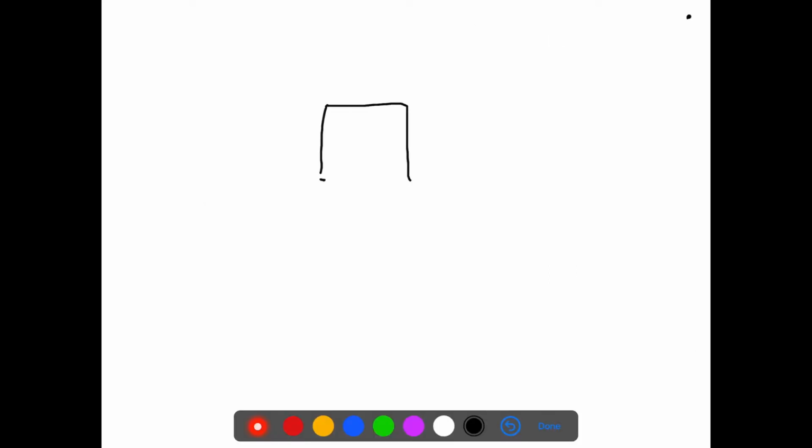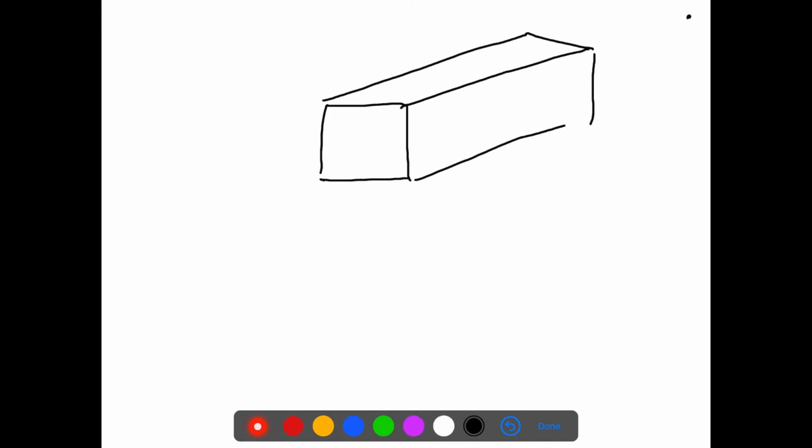So let's start by looking at this cuboid again then. Here is our cuboid, and the best way, obviously, to find the volume of a cuboid, which I'm hoping you already know, is length times width times height. Now, what we're essentially doing here is we're finding the area of this face.